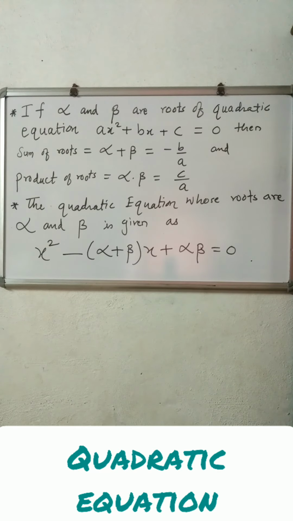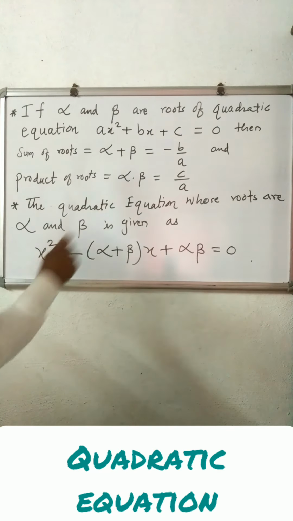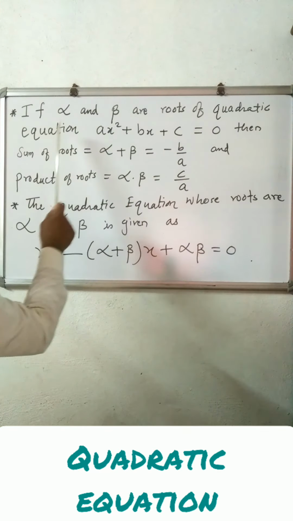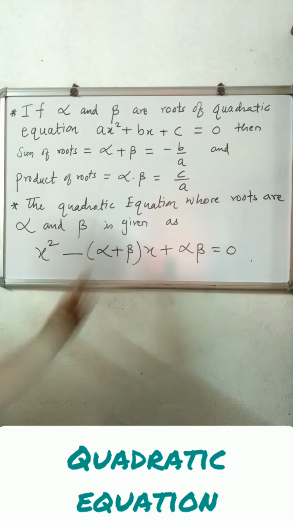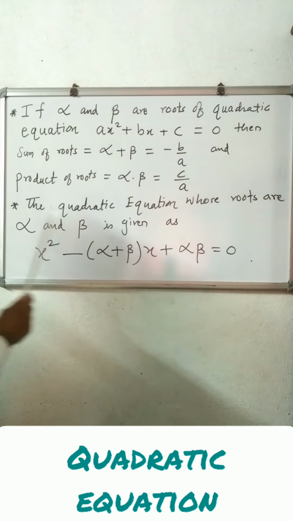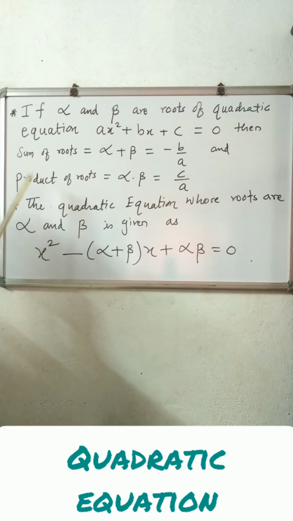Now, if alpha and beta are the roots of quadratic equation x square plus bx plus c is equal to 0, then we have the two formulas.